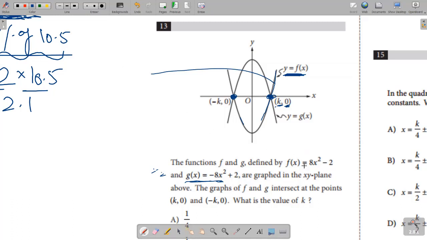Let us take the first parabola. We can take the second also. It doesn't matter. Whatever we take, we'll get the same answer. So the first parabola is y equals 8x squared minus 2. And we know that this parabola has one of the points as k, 0, meaning where the value of x is k, the value of y is 0, correct?